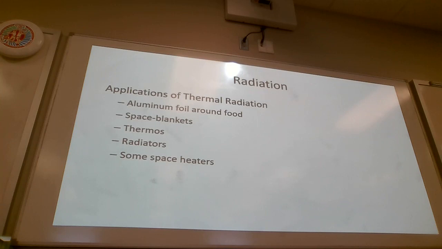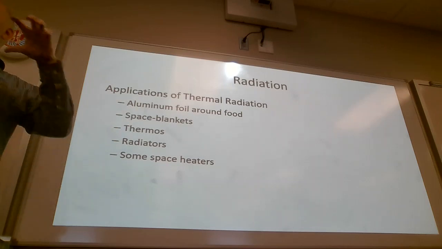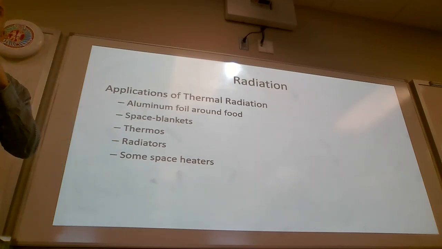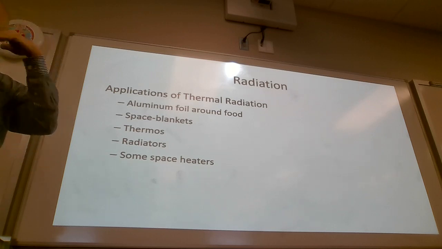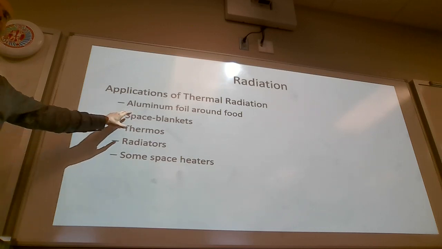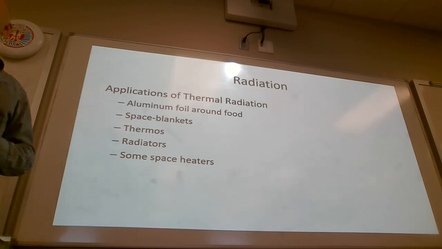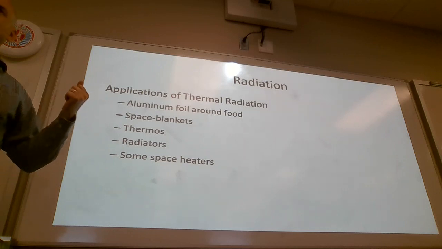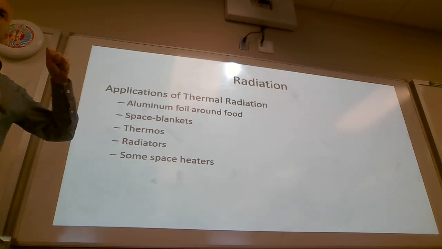Okay, here are some other examples of radiant energy. We wrap aluminum foil around food. Aluminum is shiny and reflective. It's reflecting the radiant energy back into the food. Have you ever seen space blankets or those survival blankets that are shiny?